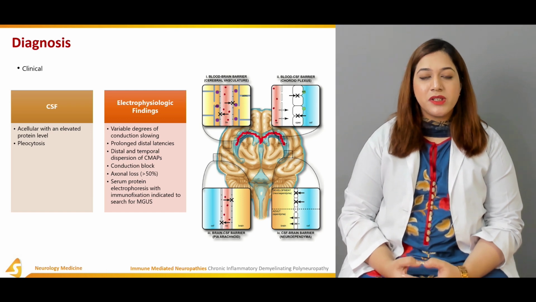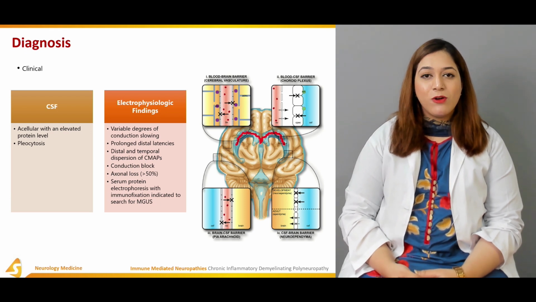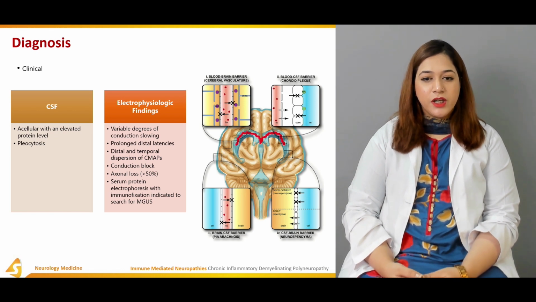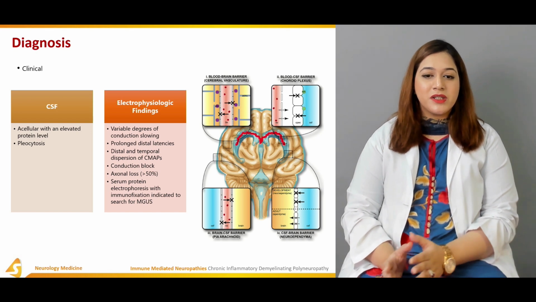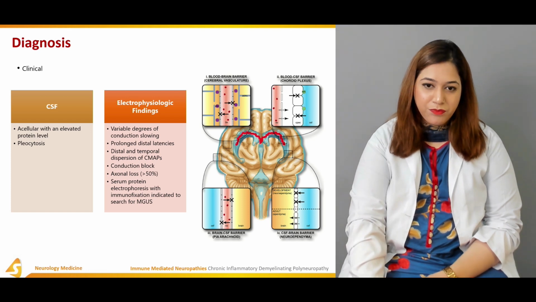In more than 50% of the patients, there is evidence of axonal loss. And we also perform serum protein electrophoresis with immunofixation in order to find out if the CIDP is coexistent with monoclonal gammopathy of undetermined significance.